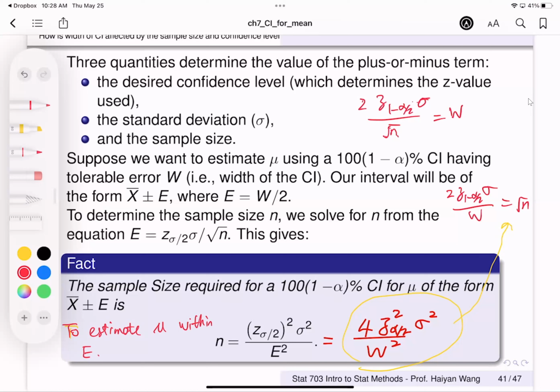That's basically talking about that your interval is going to have here's the center, and on both the left side and right hand side, this part is E, and this part is also E. So when the statement says that I want to estimate the population mean within E, that's really saying that half of the interval width is the E. And this E is often referred to as the margin of error.